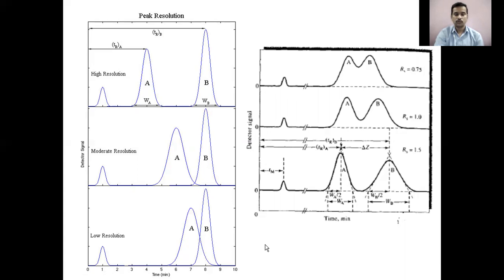So one peak is overlapped with the other peak. Therefore, the resolution is very, very low. Between solute A and B, no adequate separation is possible when you use the chromatographic procedure which was followed in getting these chromatograms.